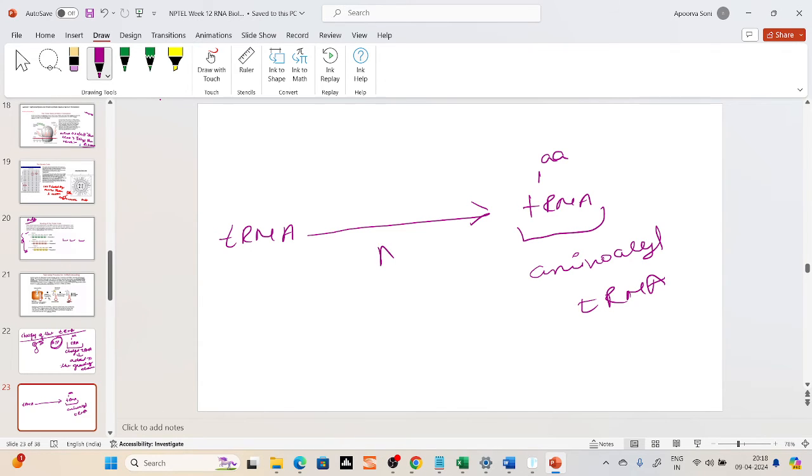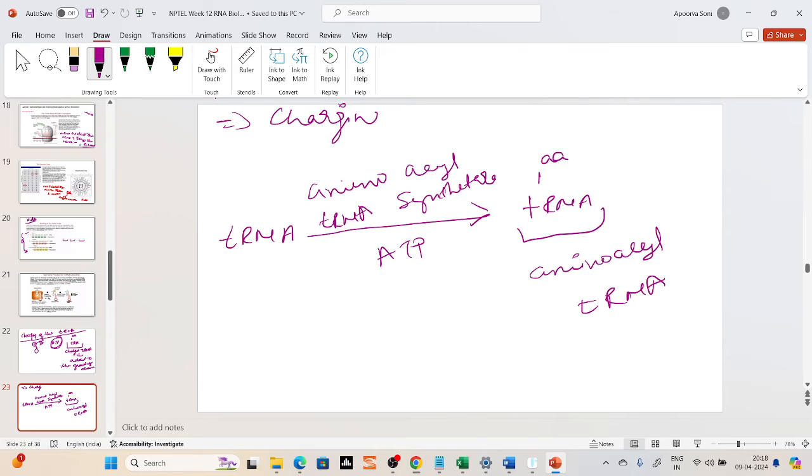This requires ATP and the enzyme is aminoacyl tRNA synthetase. This is your charging of tRNA. This is the first step.